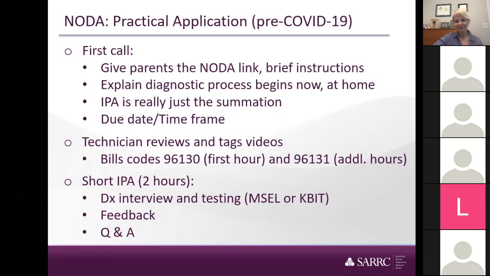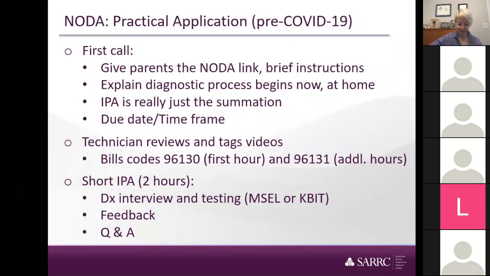And the greatest benefit of this whole procedure is that we have a much shorter IPA. IPAs are done in really 2 hours for little kids, where the psychologist does a diagnostic interview, and then we complete whatever testing that we need to collect information that supports a quantitative delay or impairment in social communication.